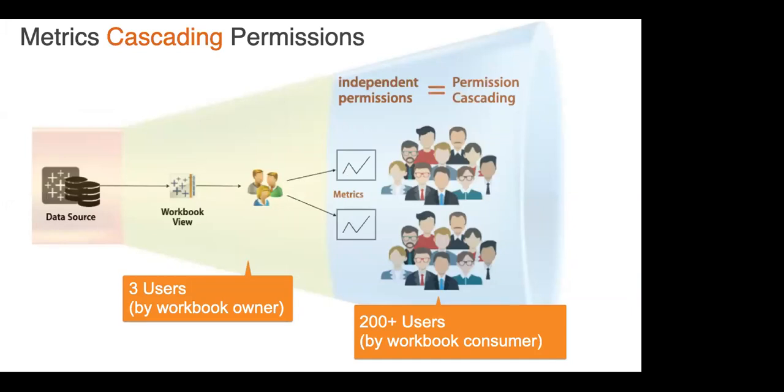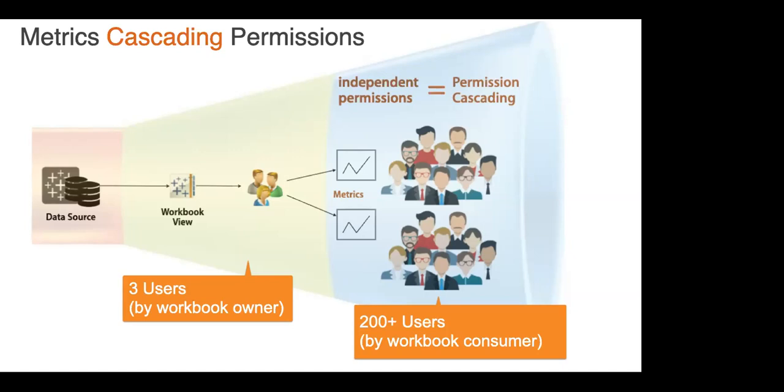Well, let's say one workbook is giving 3 end users access. One of those 3 users can potentially create a metric to be shared with another few hundred users without the original workbook owner's approval. That is potential cascading.